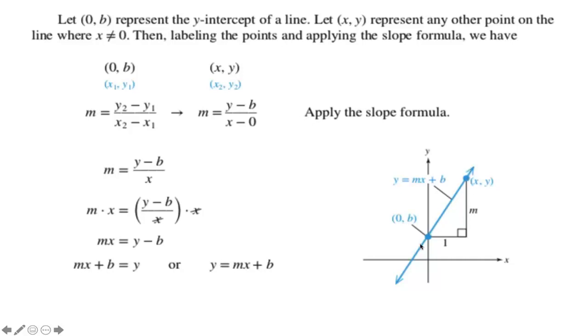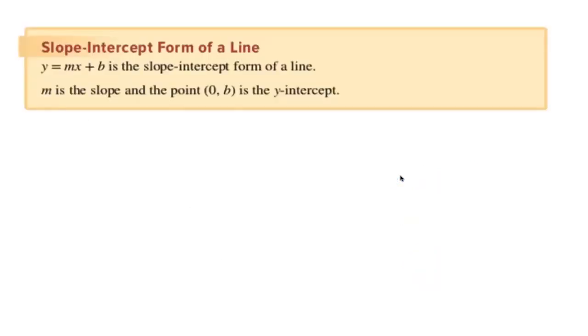When we computed the slope, which is m, we were also able to get the equation of the line, because x and y are variables that can change, and if x and y is on this line, then this equation holds. Okay, so here's the equation of the line in slope-intercept form. y is equal to mx plus b, where m is the slope and 0 comma b is the y-intercept.